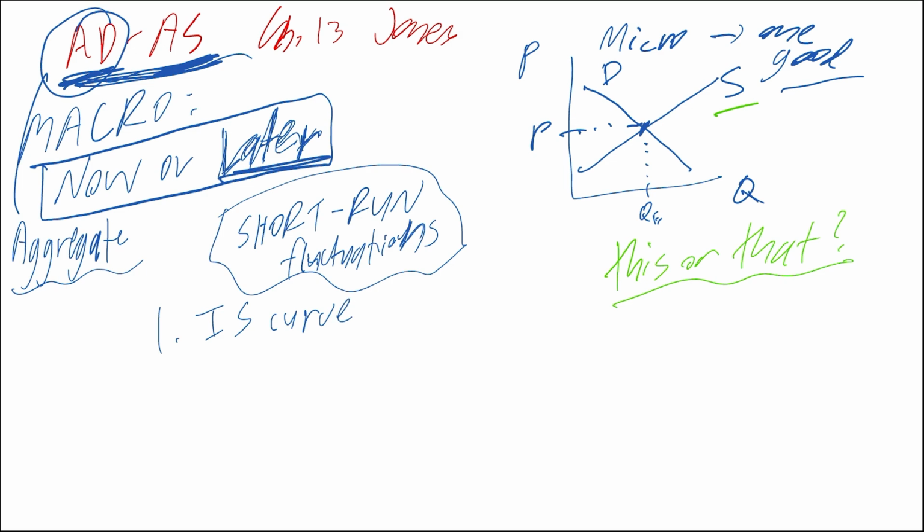Our IS curve is called the IS curve because that stands for investment equals savings. That's an important macroeconomic principle, which is saying that because savings are where investments come from, in the macroeconomy in the long run, savings should equal investment. And so this is important for driving economic growth. People need to save so that there can be resources invested in coming up with better ways to produce stuff.